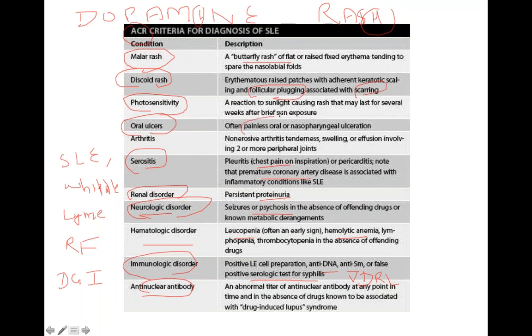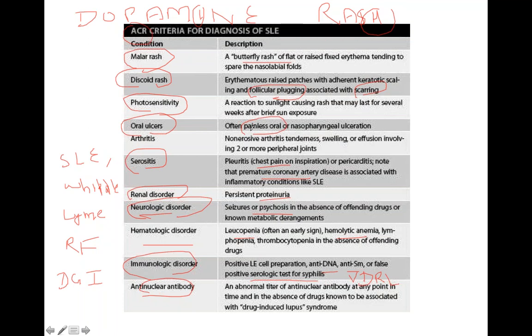So always remember, SLE is generally the only disease in which the patient has painless oral ulcers. What are the other causes of oral ulcers? There are huge causes of oral ulcers. The patient has SLE, herpes, which is also painful, or aphthous ulcers, or Coxsackie virus.